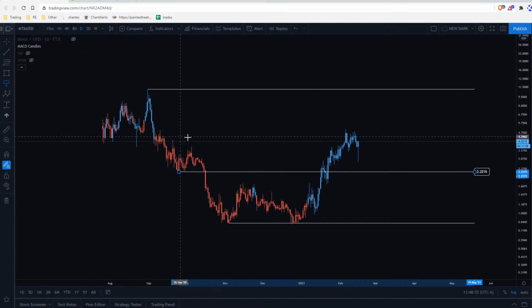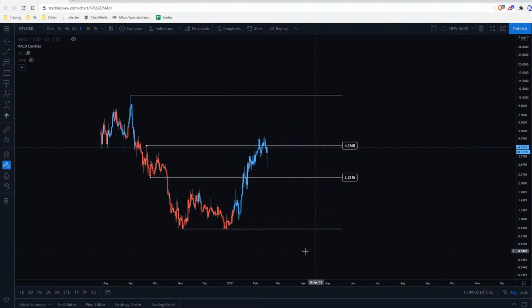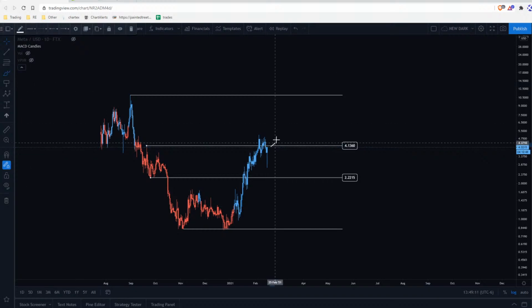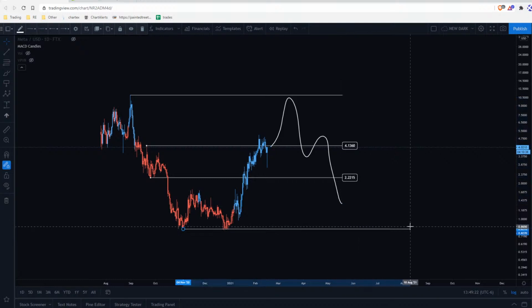I don't really know what to call a rally. So what if this is only the first sell-off and we haven't had the second sell-off yet? It would actually make sense. And it probably wouldn't quite get to that low. So this is a concern for me on MTA high time frame.